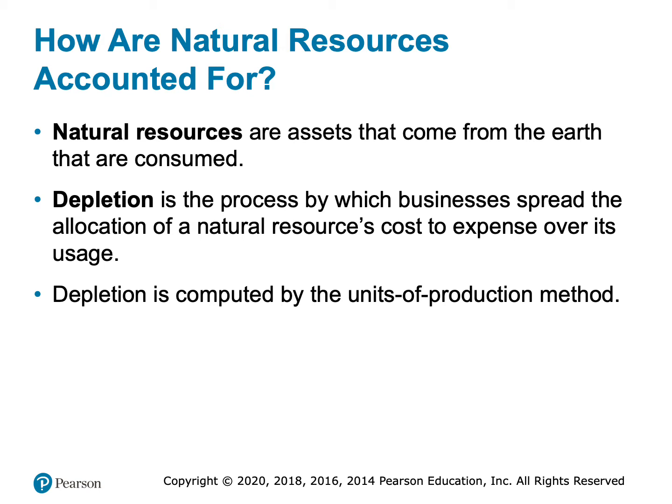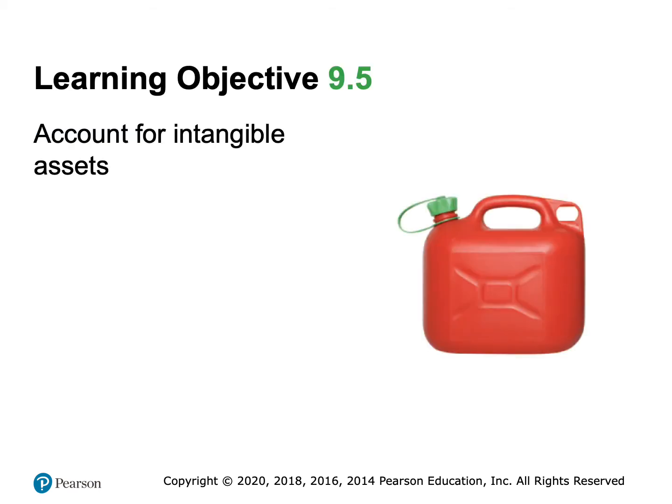How many gallons had we depleted? I'm not going to ask you to compute depletion expense or record any of those entries. I just want you to know that natural resources would be recorded on our balance sheet and they would be depleted.